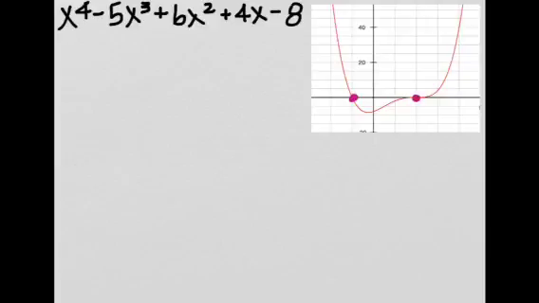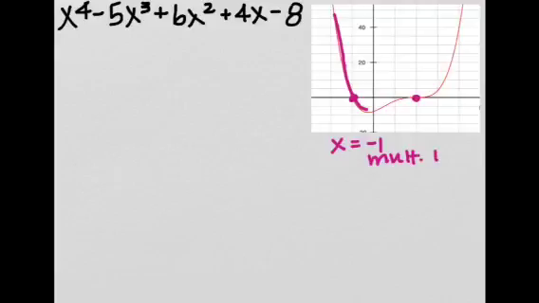Now at -1, my graph goes straight through from top to bottom. So remembering what we talked about before, we would expect that to be a multiplicity of 1. So we're going to say x equals -1. We're expecting a multiplicity of 1.